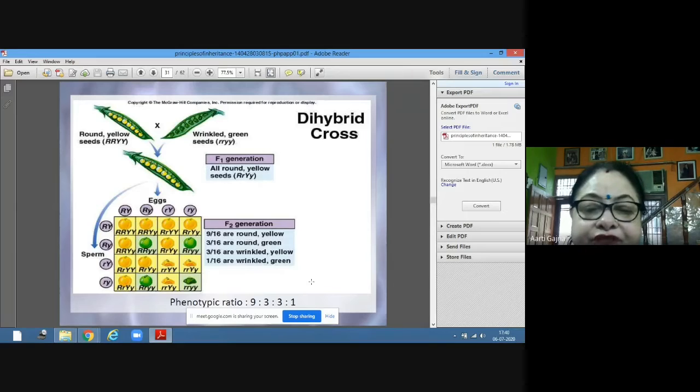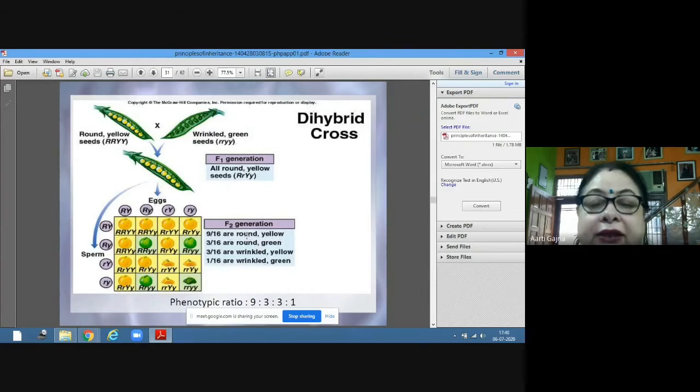So this was the phenotypic ratio he got. Now, if you analyze this ratio, separating round with wrinkled and yellow with green, you will find that the ratio is the same, 3:1, what he used to get in monohybrid. For example, how many rounds are there? Just see.